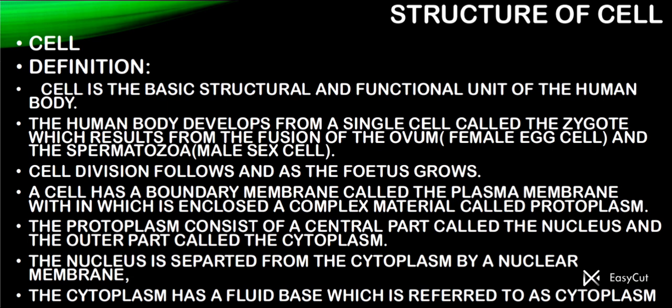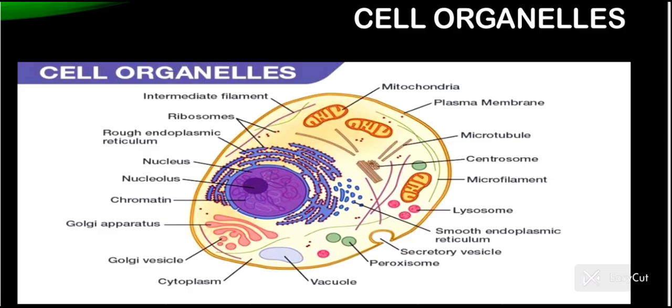The cytosol contains many cell organelles. What are the cell organelles? Nucleus, mitochondria, ribosomes, endoplasmic reticulum, Golgi apparatus, lysosomes, cytoskeleton. All these are cell organelles.